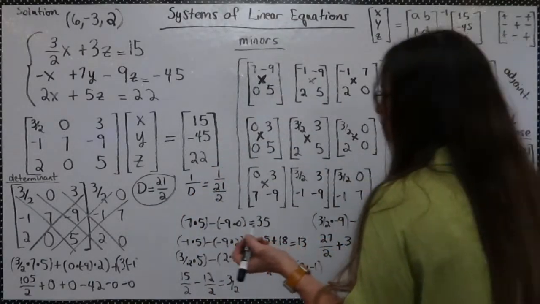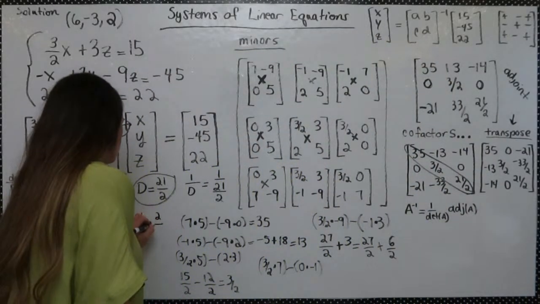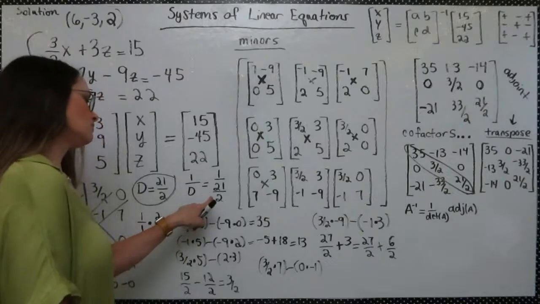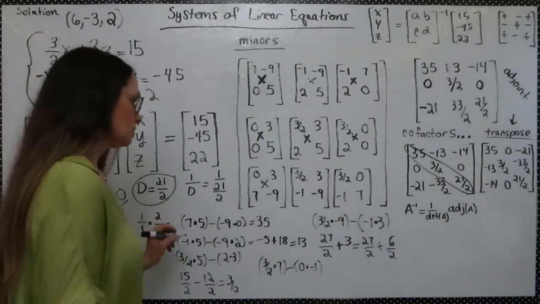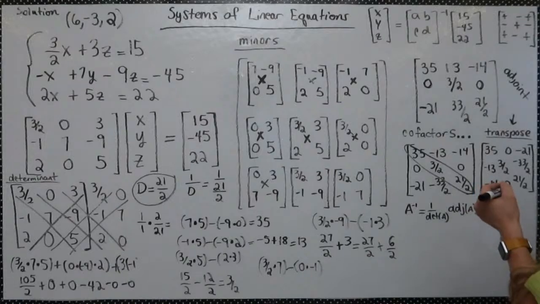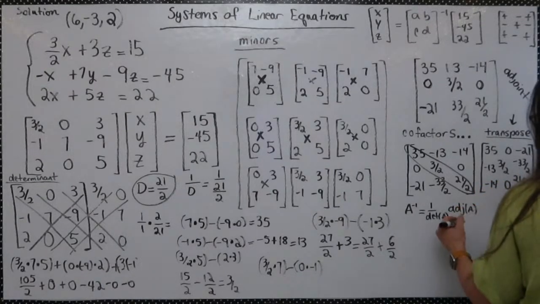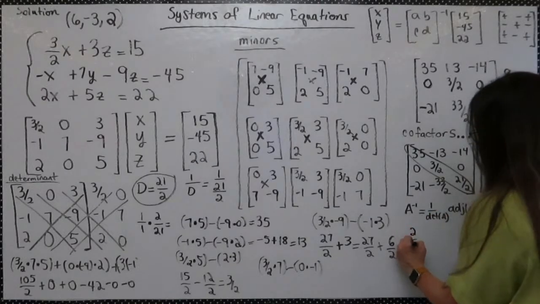Because when you multiply, you get 1 over 1 times 2 over 21, inverting and multiplying that second term. So 2 over 21 is what we're going to multiply by, 1 over the determinant.